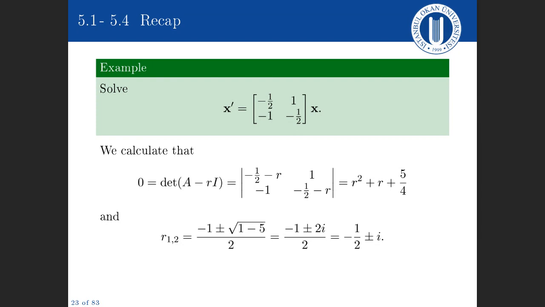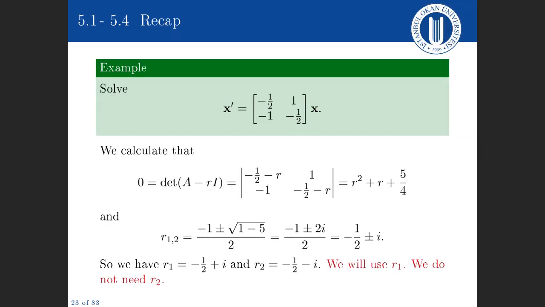The eigenvalues are minus a half plus i and minus a half minus i. We don't need both of these because we're going to get our functions u and v in a different way. We only need to use one of these, and it doesn't matter which one. I'm going to choose r1. That means we do not need r2.